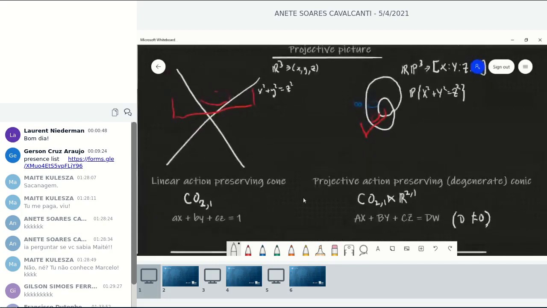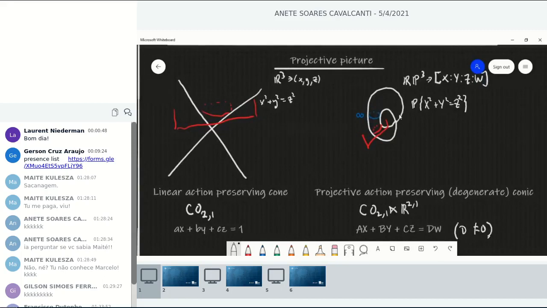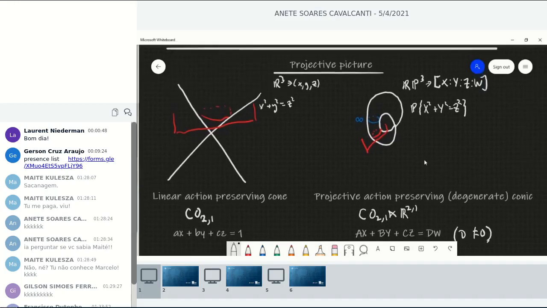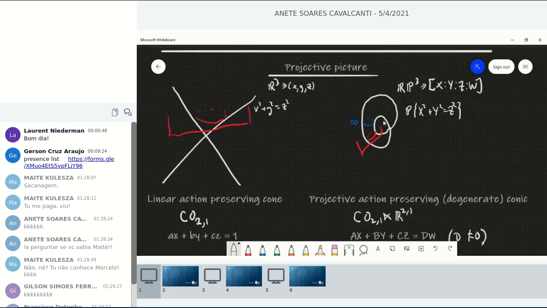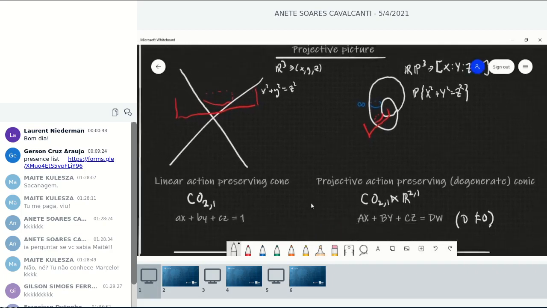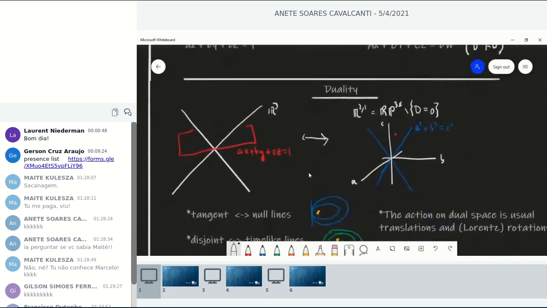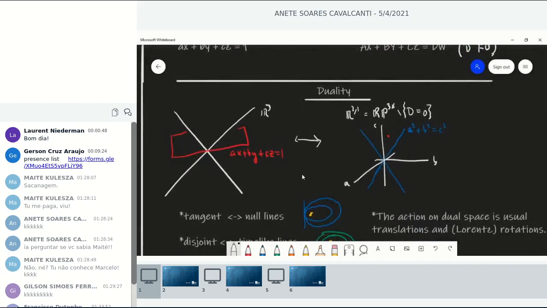Okay, so we found it easier when working with these things to look at the action on the dual space, the space of planes in RP3, which we call RP3 star, or the dual projective space. It is also acted upon by the transpose action of this. That's what I want to explain now, because you see the action a little simpler.